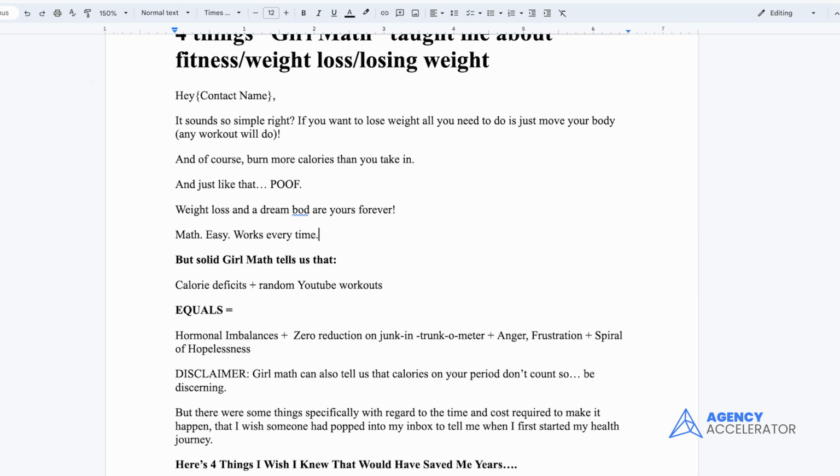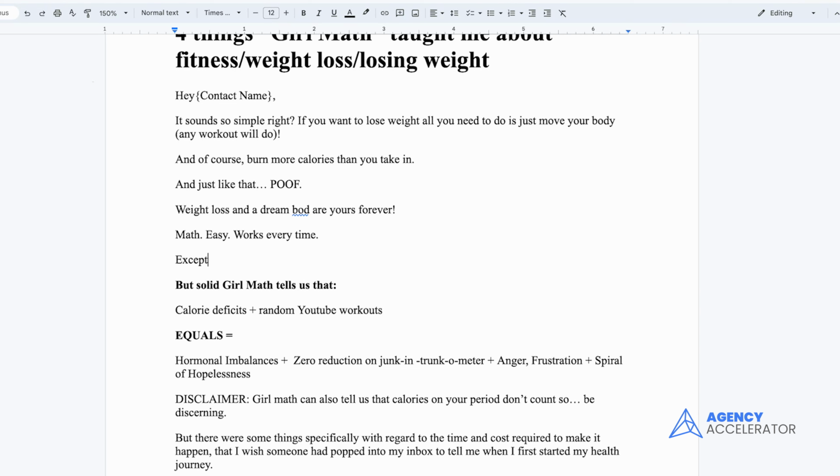Works every time. Except that it doesn't. Because the real world shows us time and time again, because the real world girl math tells us that.